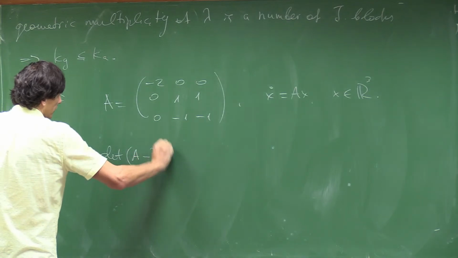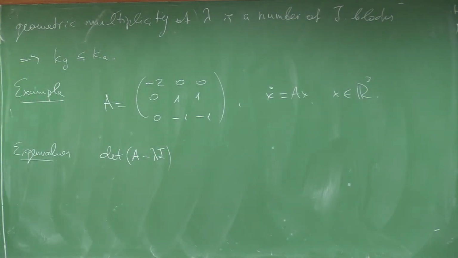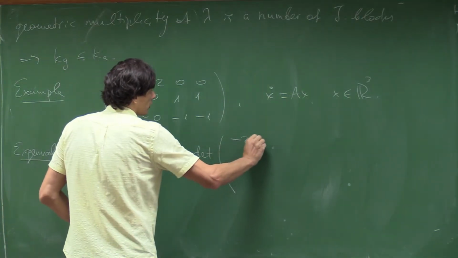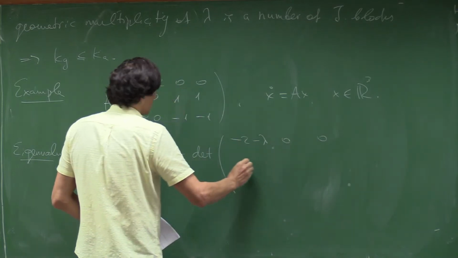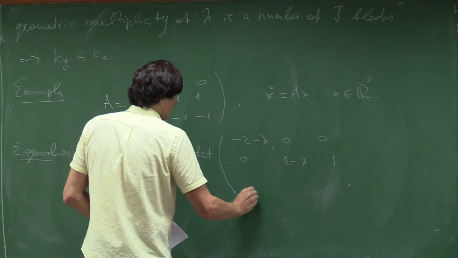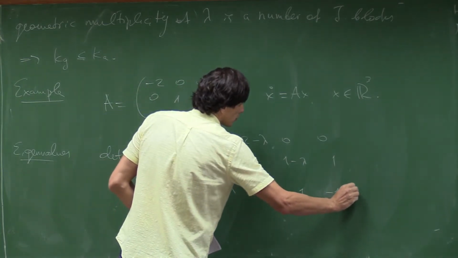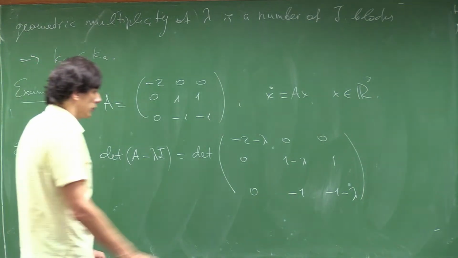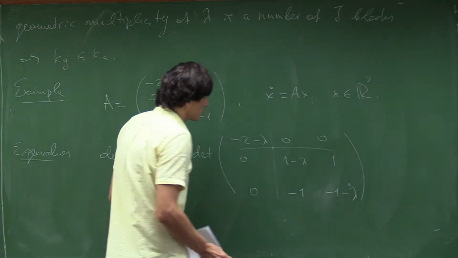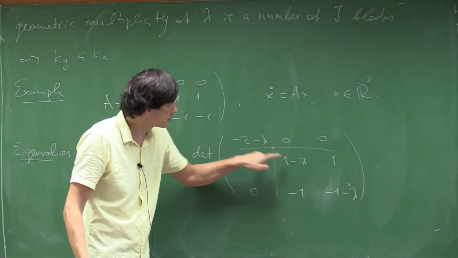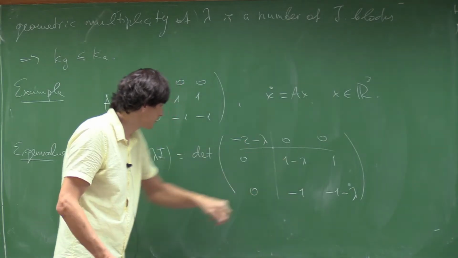So we have to write the characteristic equation. So this is the determinant of minus 2 minus lambda, 0, 0, 0, 1 minus lambda, 1. Okay, you should remember how you find the determinant. This is block diagonal, so it's this term multiplied by this determinant. So this product minus this product.